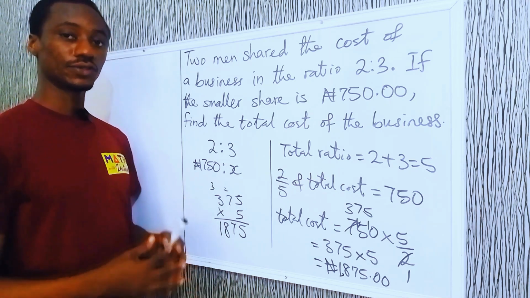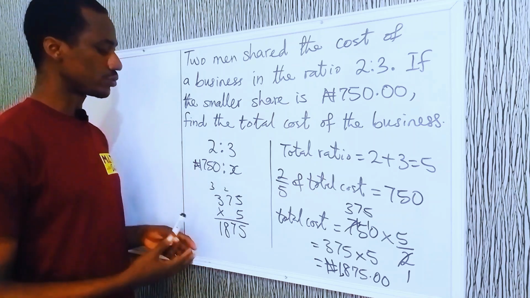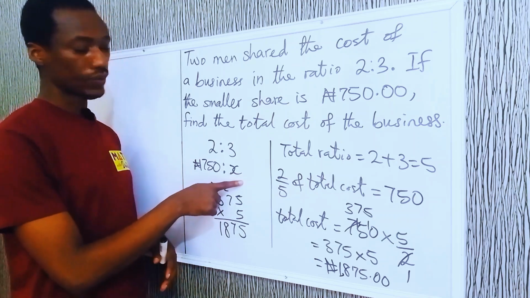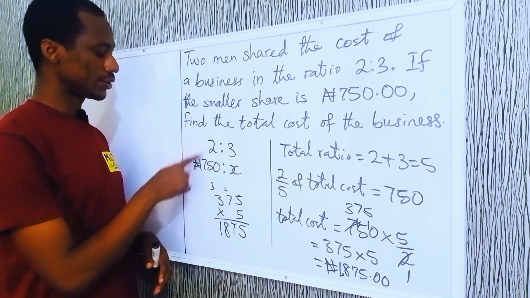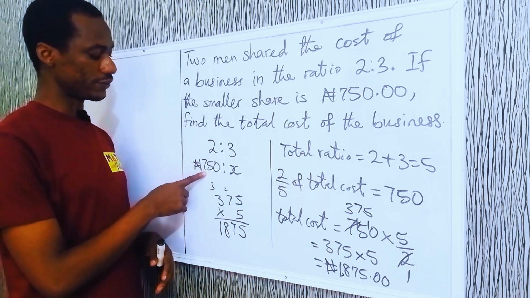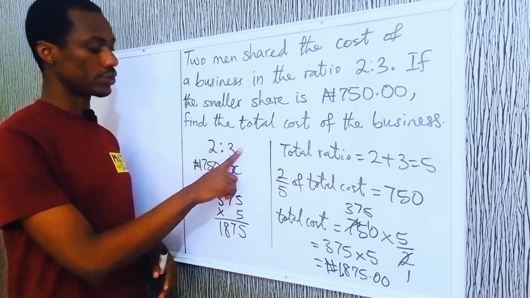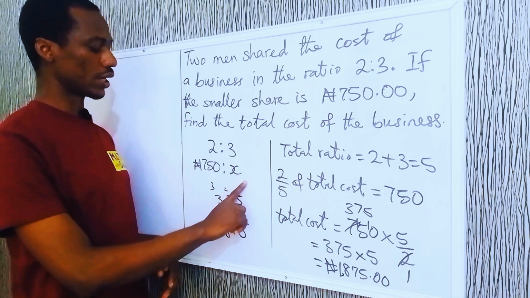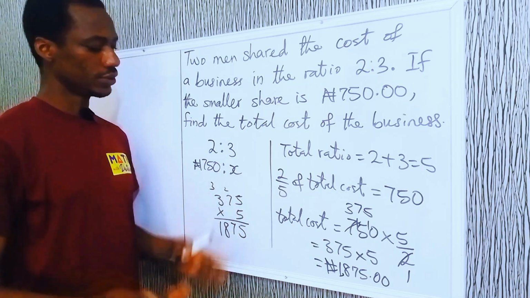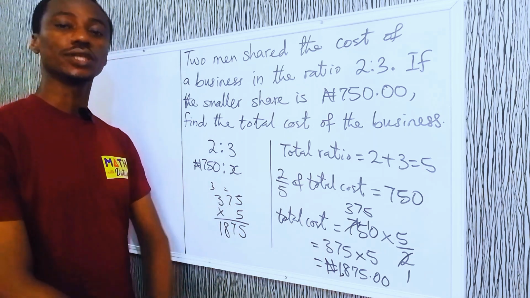And like I said, if you still want to go the longer route, you can divide 750 by 2, and then whatever you get, multiply by 3. You get your other share, add it together, and then you still arrive at 1,875.